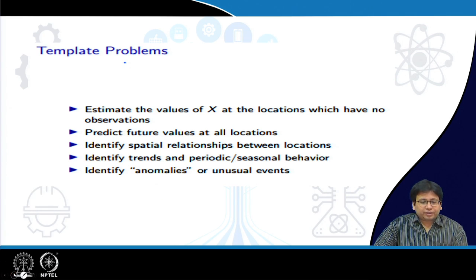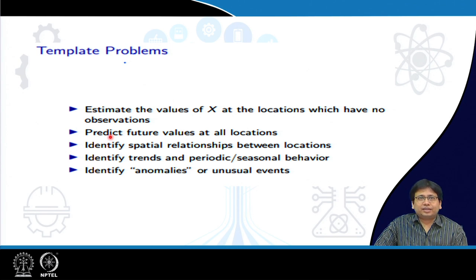So, now given this setting, what are the questions which we may ask, or what are the problems which we may be interested in answering? So, one obvious problem is to estimate the values of x at the yellow or orange locations where we have no observations. That is the first and rather obvious question which we may ask.